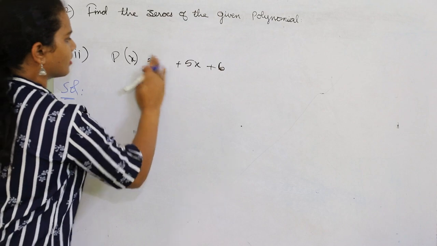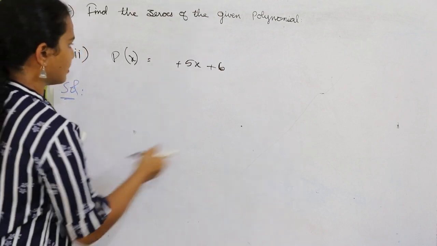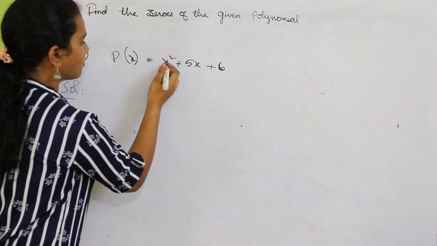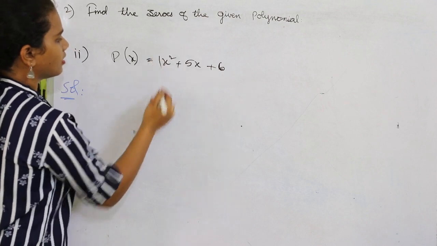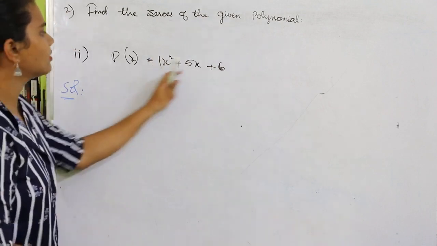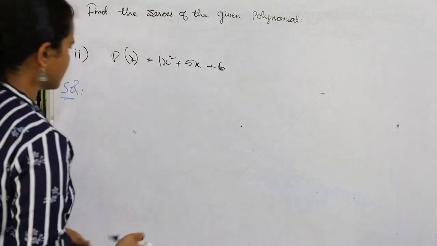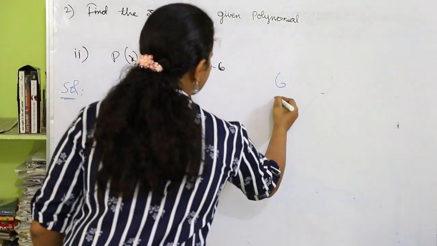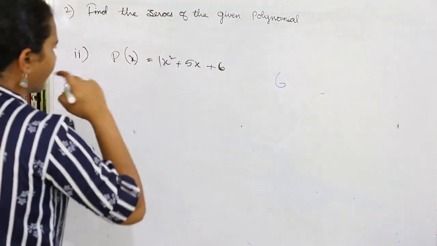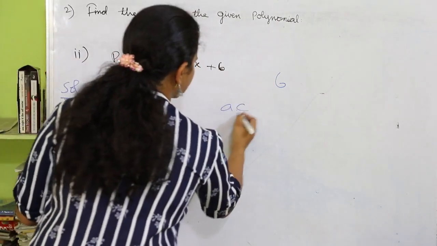The value for this is 1. X square, right? So here you are not having any value, so let it be 1. Imagine this is 1, okay? Where 1 into 6 gives what? 6. So 1 into 6 gives 6. Let me write down over here 6. Now here, we have done what? A into C, right?